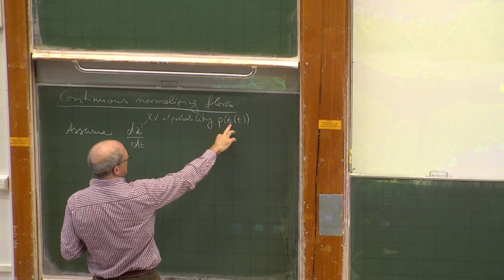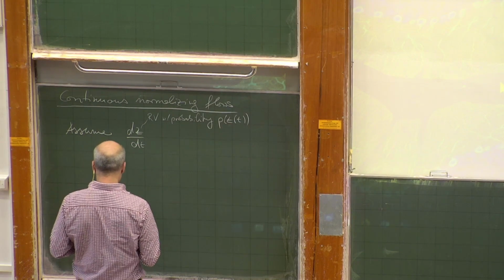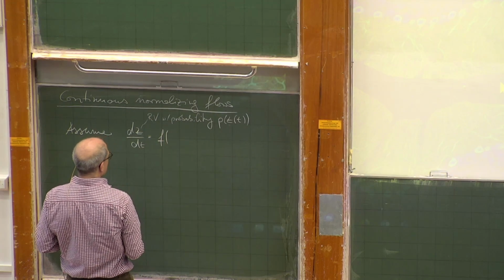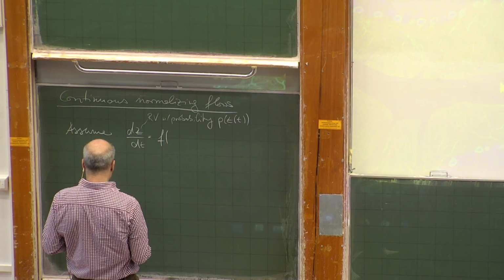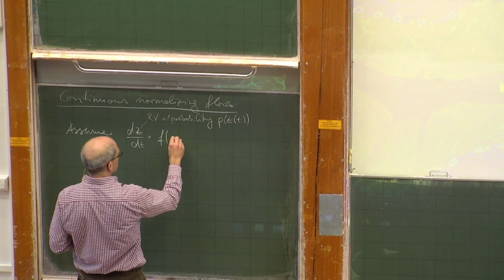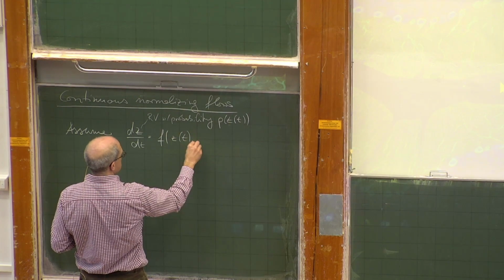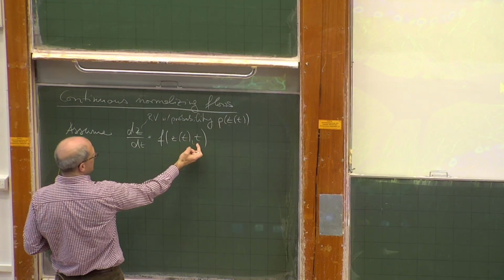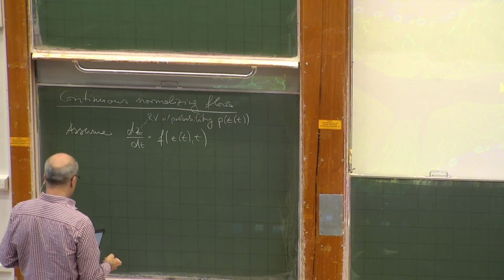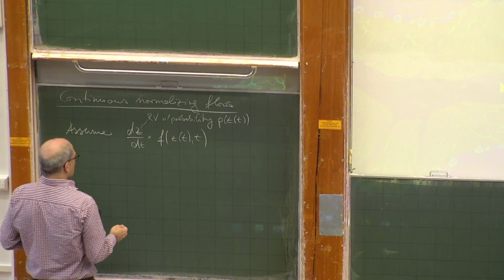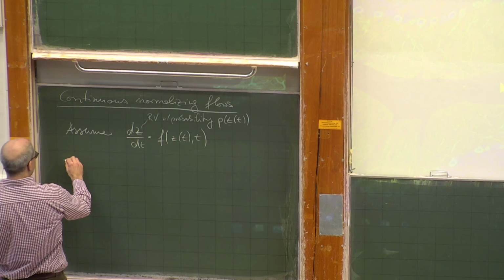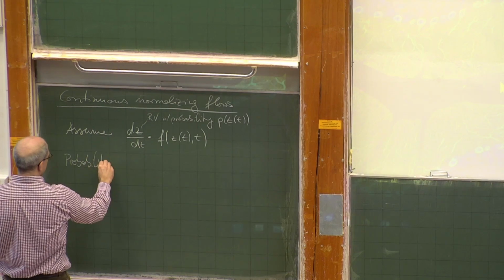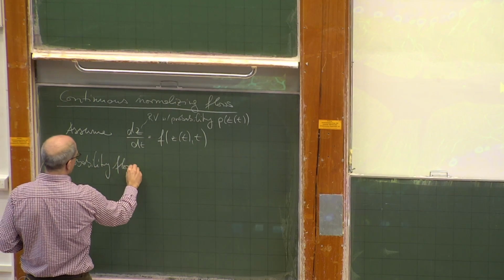This random variable now changes its distribution with time, and this change with time is modeled by a neural network. And this neural network will do different things, or this flow field will change for different times. And this induces a probability flow, or a flow of probability mass.